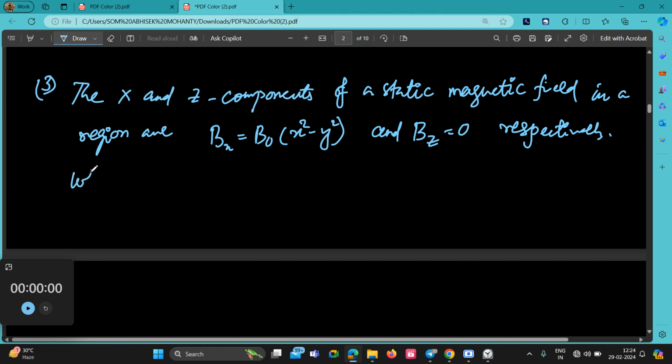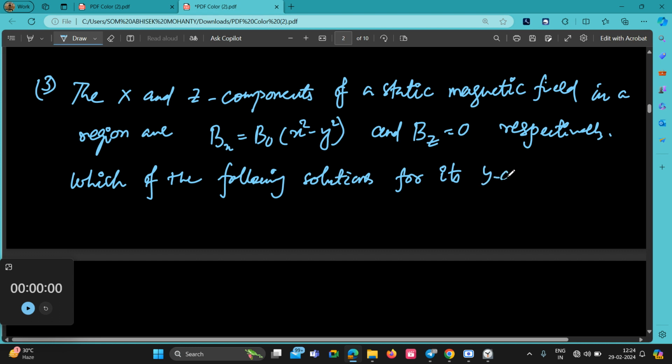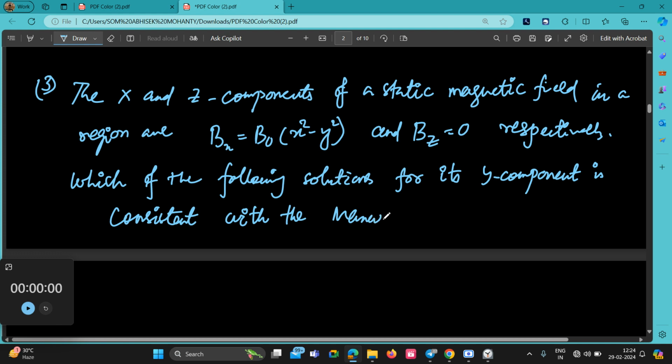Which of the following solutions for its y component is consistent with the Maxwell equations?